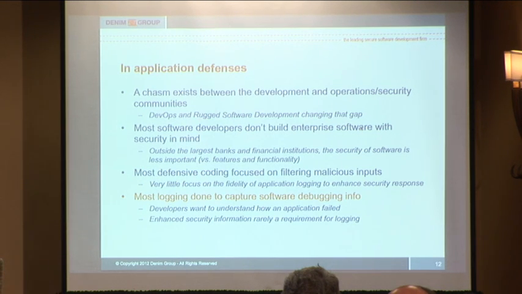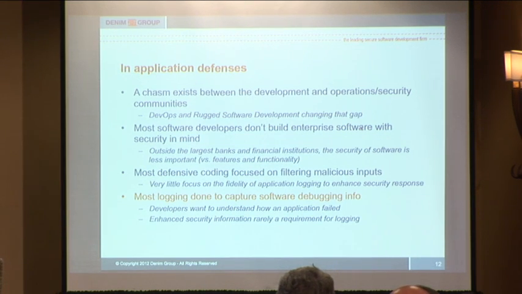This chasm really hurts in this area, because they're building enterprise software and they don't think about security. They only do it as an afterthought, or if they're in banking or the most security-conscious financial organizations. The big point on this slide is: if they do logging, are they worried about this at all? They are focused on debugging broken software.